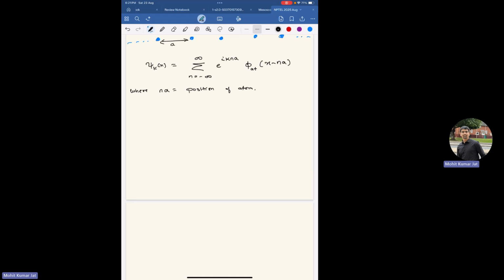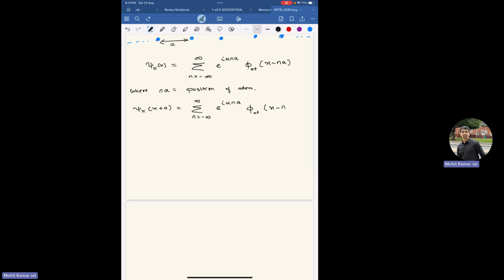Now, your psi k x plus a, what will it be? You have to test your Bloch theorem, that psi k x and psi k x plus a should differ only by a phase factor which comes in the front. So the sum from n equals minus infinity to infinity, e to the power i k n a, phi atomic x minus n a.